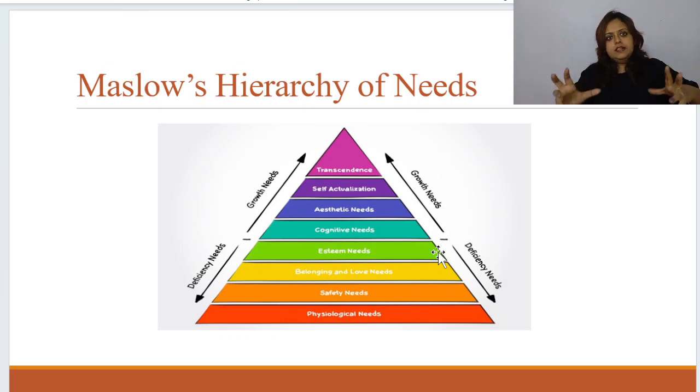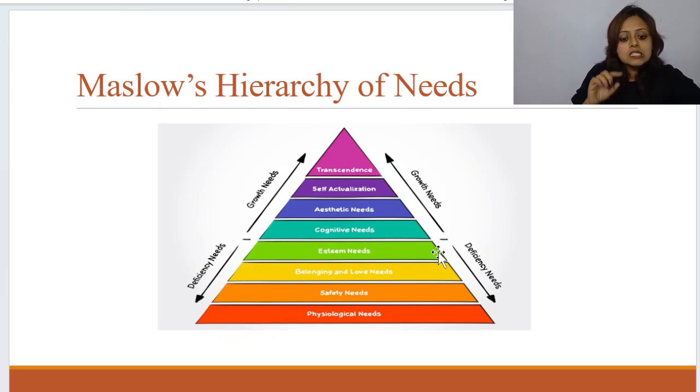So deficiency need comprises those needs which are required for the sustenance of life, and once these deficiency needs are met, the desire to have more of it gradually diminishes.